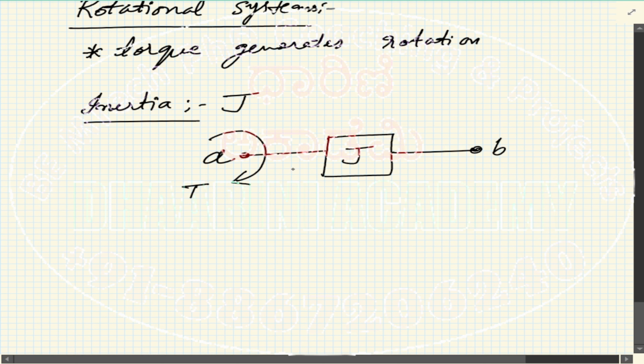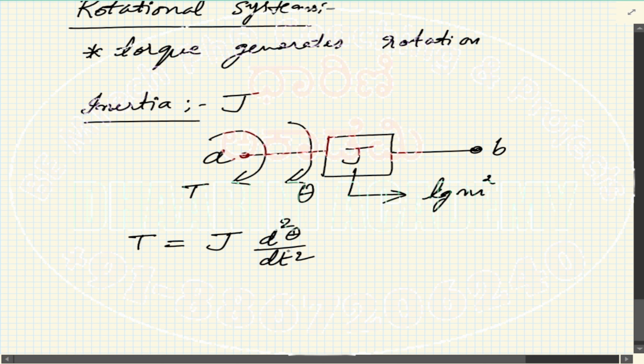There we had d square x of t by dt square, and now it's d square theta by dt square. We can easily remember this by making an analogous comparison: translational has distance or displacement, the rotational has angle.